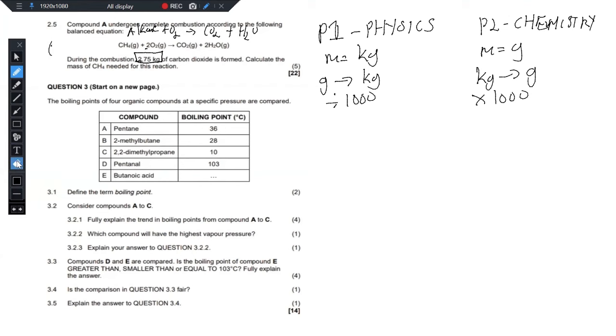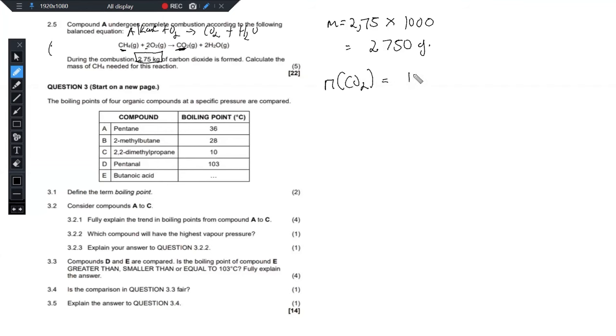Okay, that means we have to first deal with that 2.75 there. So our mass should be 2.75 multiplied by 1000, which is 2,750 grams, right? And then obviously we want to calculate the mass of CH4. Remember, this 2.75 is for carbon dioxide, so you can use it to calculate the number of moles of carbon dioxide.